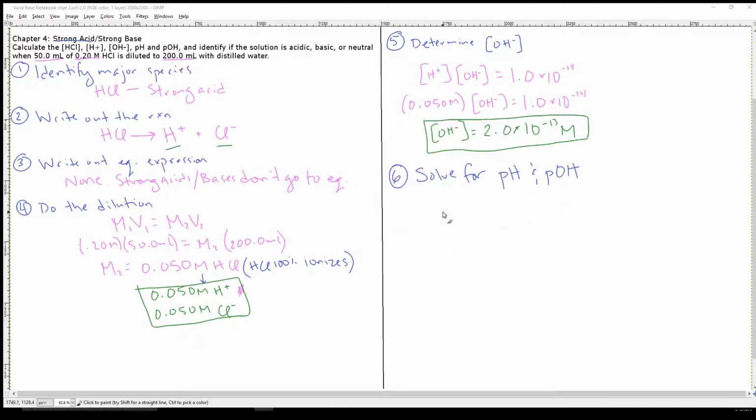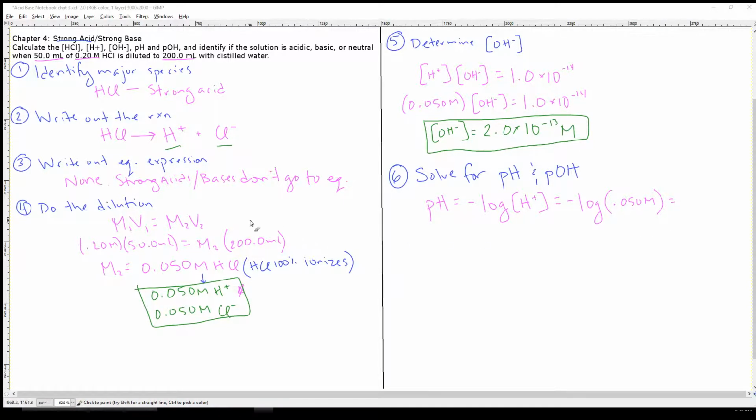All right, we know that pH is the same thing as the negative log of the concentration of hydrogen ions. So we can plug in our number, negative log of the hydrogen ion concentration we got earlier, 0.050 molarity.